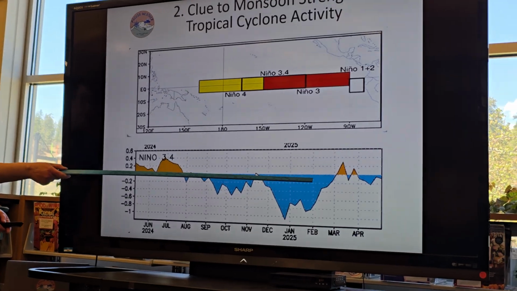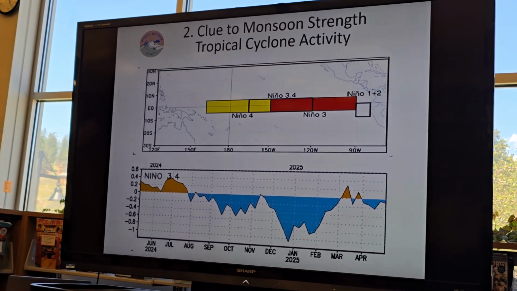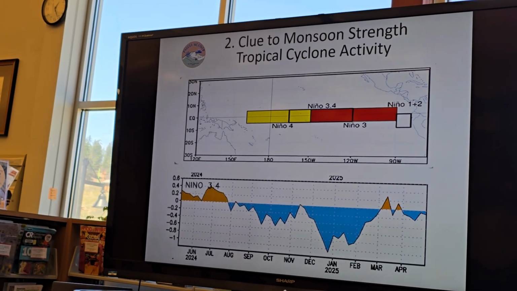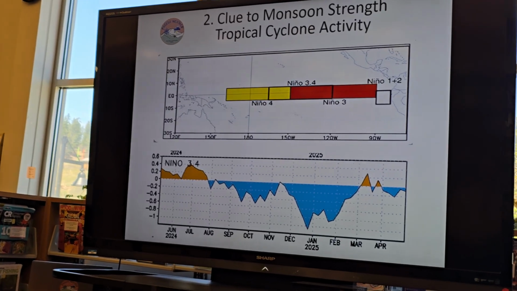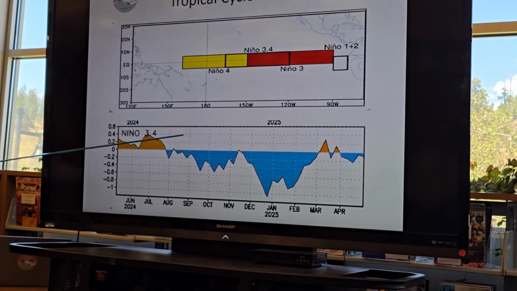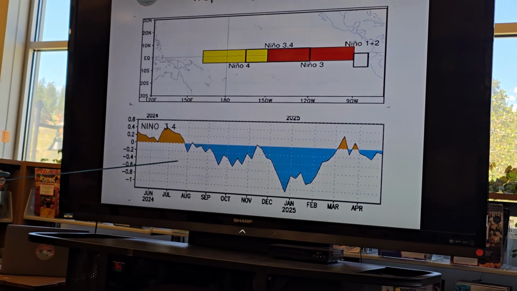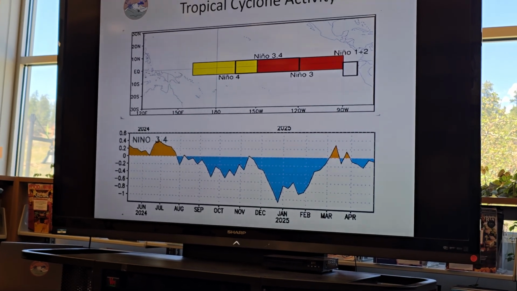Now the waters have warmed back up, but anything within a half a degree of zero, a positive half a degree or a negative half a degree, is considered neutral. Your half a degree positive is up here, and your negative is right down through here. So right now, we're neutral.